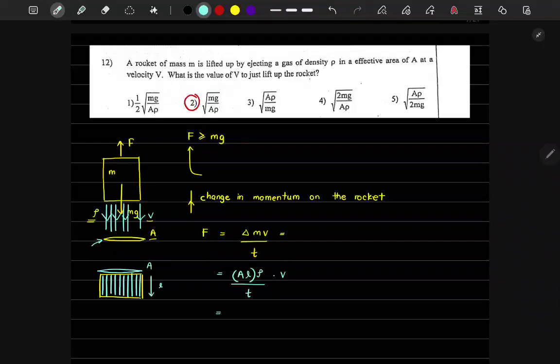The initial is 0. Now what is L over T? L over T is the velocity, because a distance of L of gas is released, then the velocity should be L over T. So L over T is V, we have rho, so this is equal to A V squared rho.